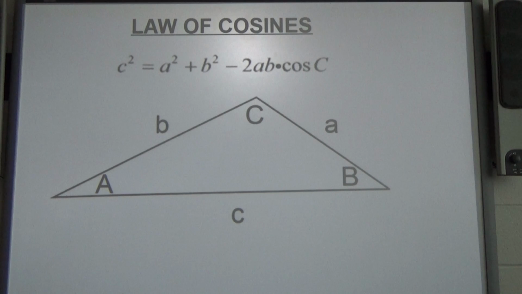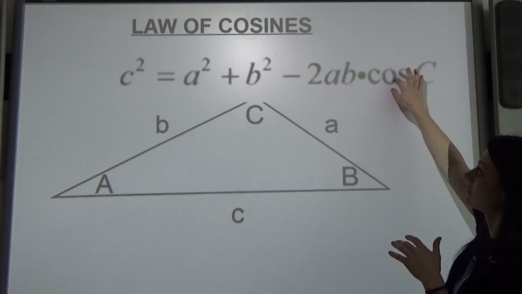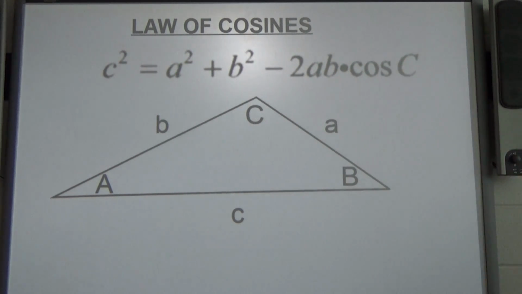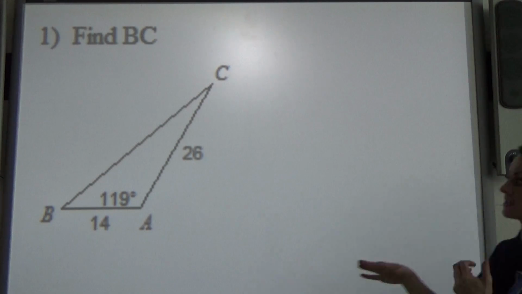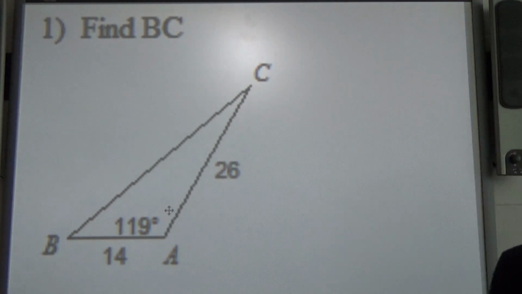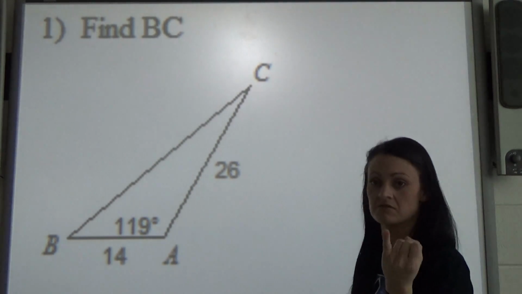So we're going to do one example off of this, and I'll make this a little bit larger. It's probably difficult to see. So let's say that I pose to you this picture here, and my mission is to find the side BC. Because I have two sides that are given, but it's not a right triangle, that kicks Pythagorean theorem out the door.